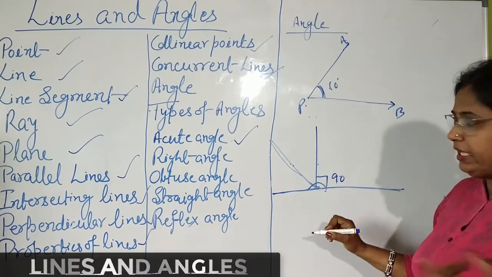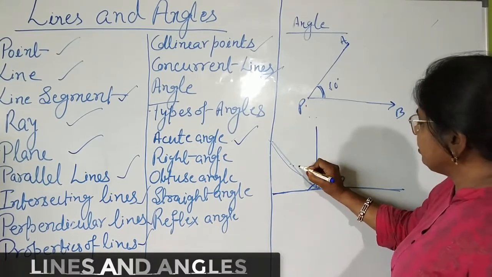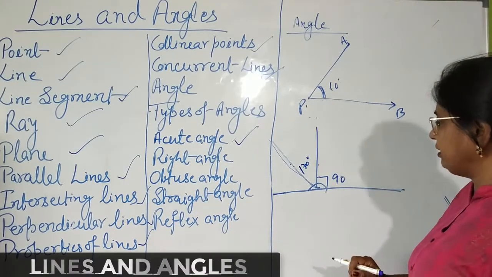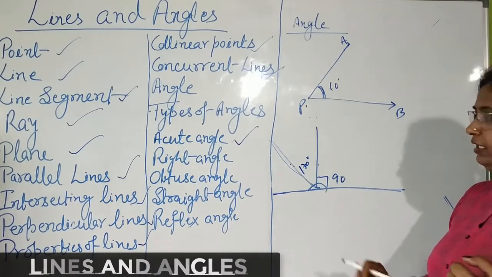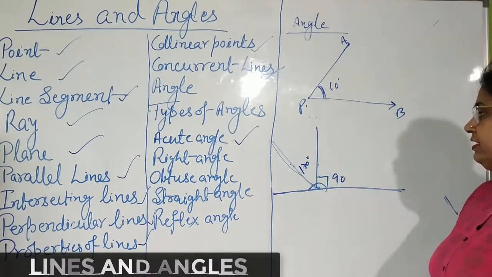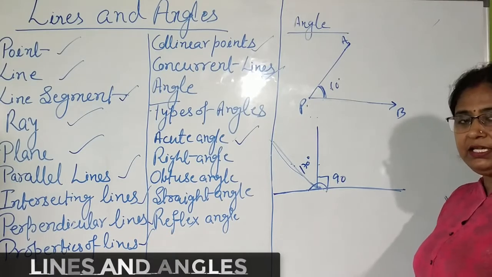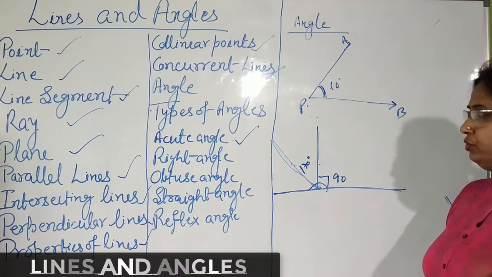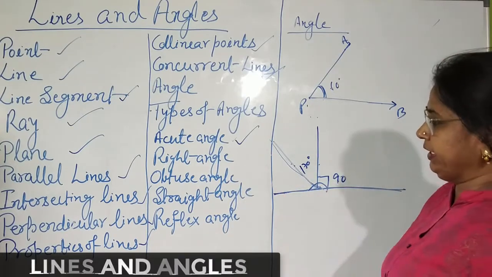For example, 170 degrees is obtuse, as it is less than 180 and greater than 90. 95, 98, 99, 100, 102 are all obtuse angles.